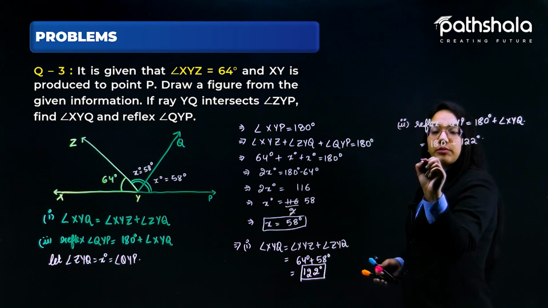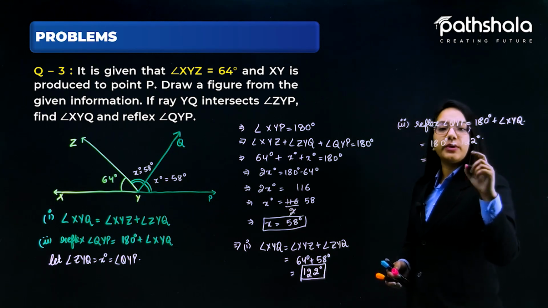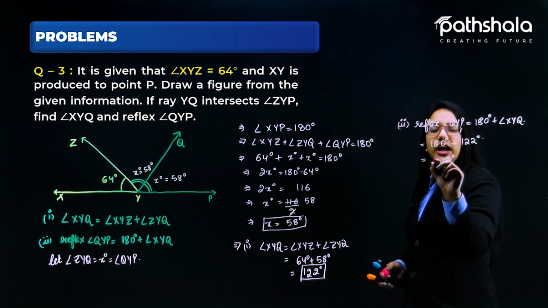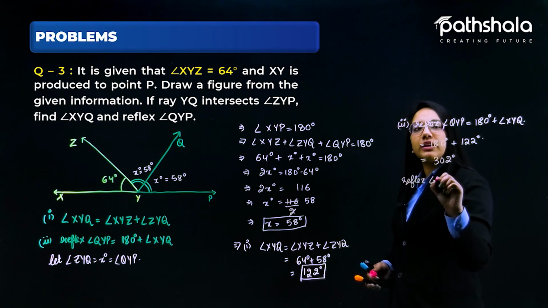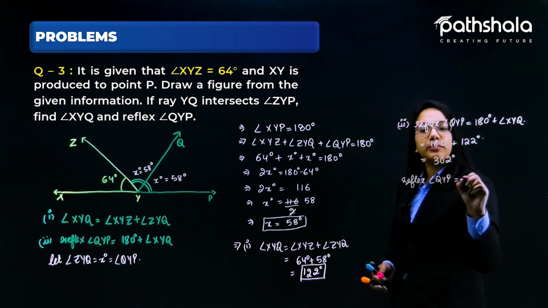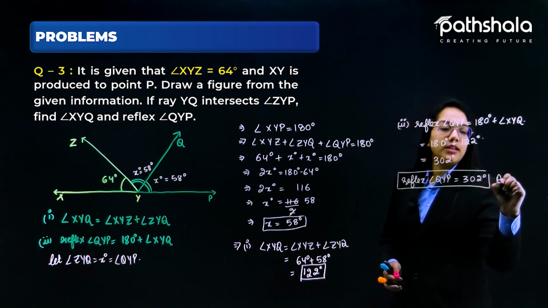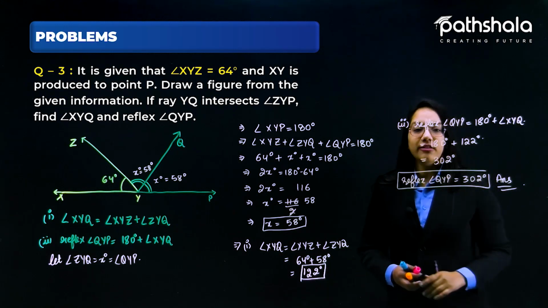So this is equal to 180 plus 122 degrees, which is 302. Hence, at the end, we are getting the reflex of the angle QYP as 302 degrees. This is our answer for the second part, and this is the answer for the first part.